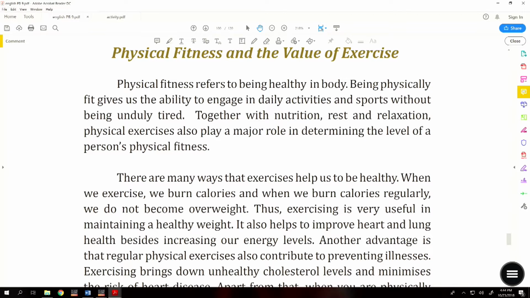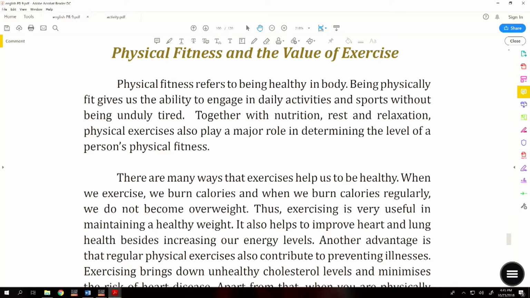Ability means හැකියාව. Together with nutrition, that means your food, together with nutrition, rest and relaxation.